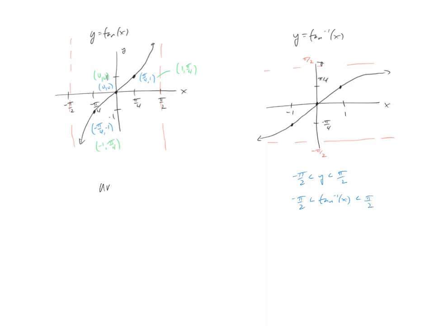So on the unit circle, similar to how sine was, if this is pi over 2 and this is negative pi over 2, from there to there, you can see that inverse tan will only ever exist in quadrant 1 and 4. So again, all of that information will be incredibly important when we start working these problems. It seems a bit trivial now, but it'll be very, very important.